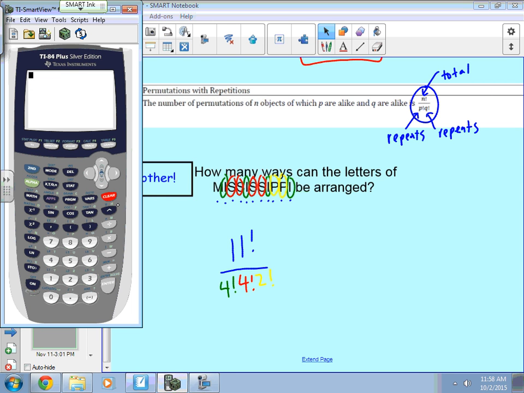Okay, if you type that in, you should be able to get the answer. Once you've got it typed in here, you can hit equals.